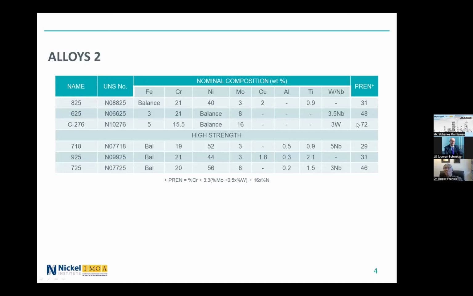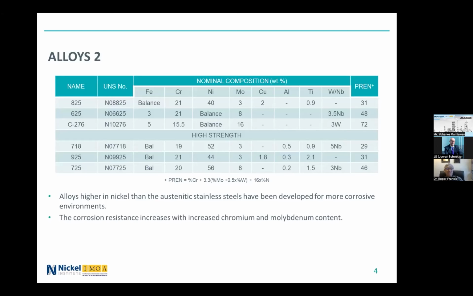But you can see from the PREN numbers that some of these alloys have extremely high PREN numbers. So these are for more corrosion resistant environments. And the corrosion resistance increases with chromium and molybdenum content, just as for stainless steels. And tungsten also increases the strength and acts in a similar way to molybdenum in increasing corrosion resistance.